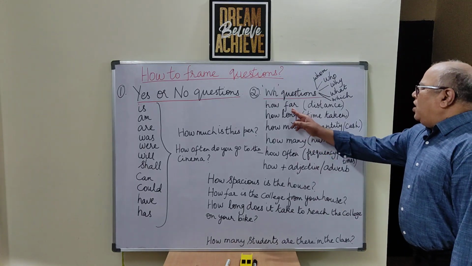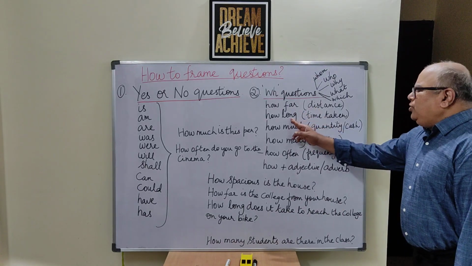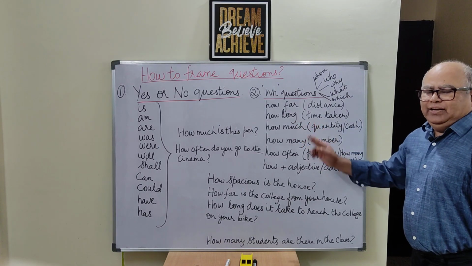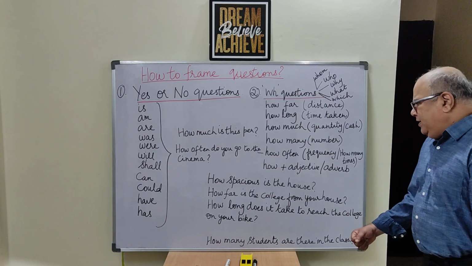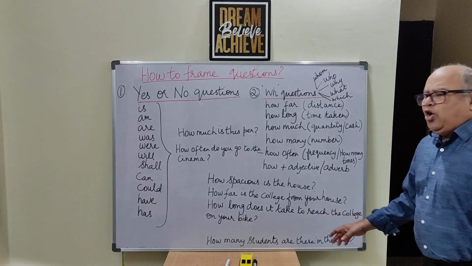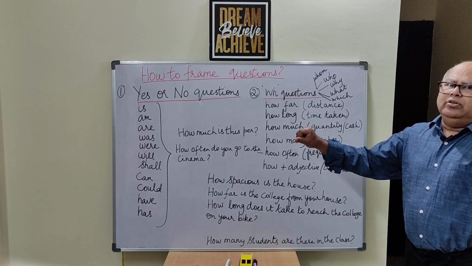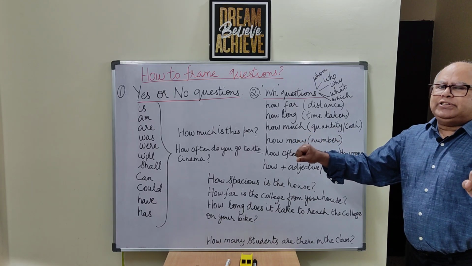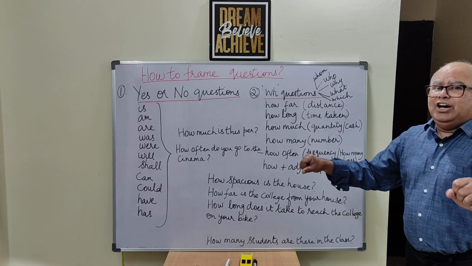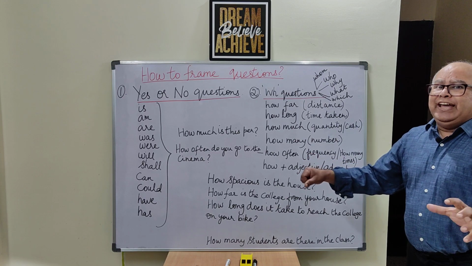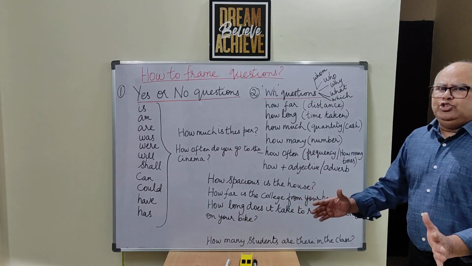Okay. How far and how long, time taken or duration? How long do you take to reach the college on your bike? How long? How many minutes? How many hours? Time taken to do a job.